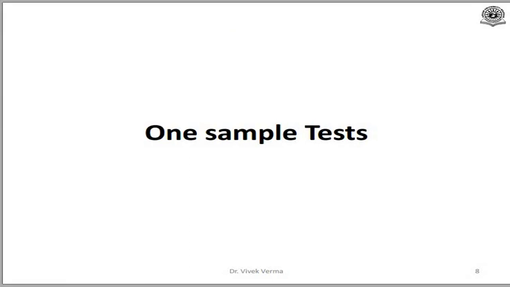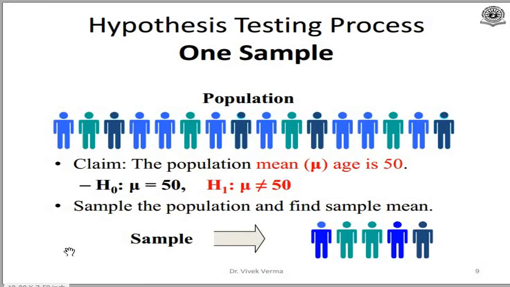Let's start with the one sample test. What do we mean by the one sample test? Let us consider a population composed of human subjects, and our assumption is that the average age of the population is 50 years. Then the null hypothesis, which is not based on any distributional or compositional assumption, is that our population mean age is equal to 50.